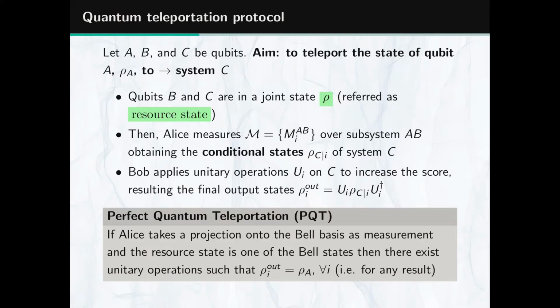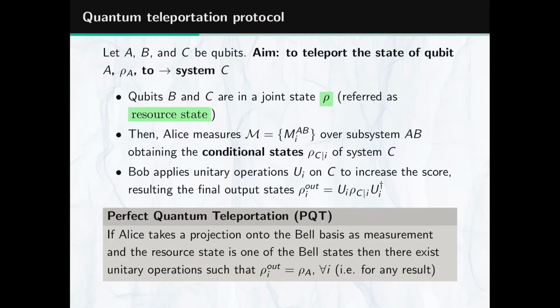Here we have a Bell state, and the measurement is a projection onto the Bell basis. If you do that, then there exists a unitary operation that always produces the state A here.